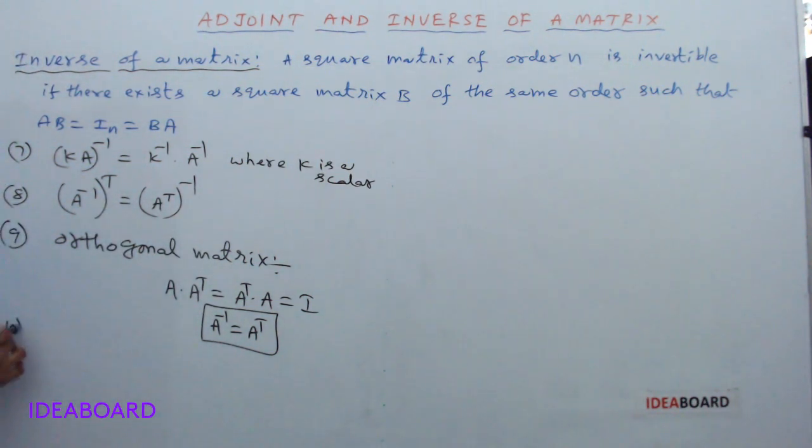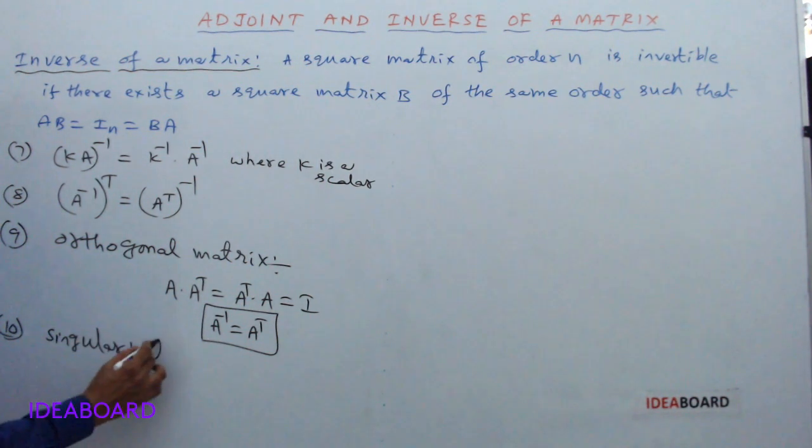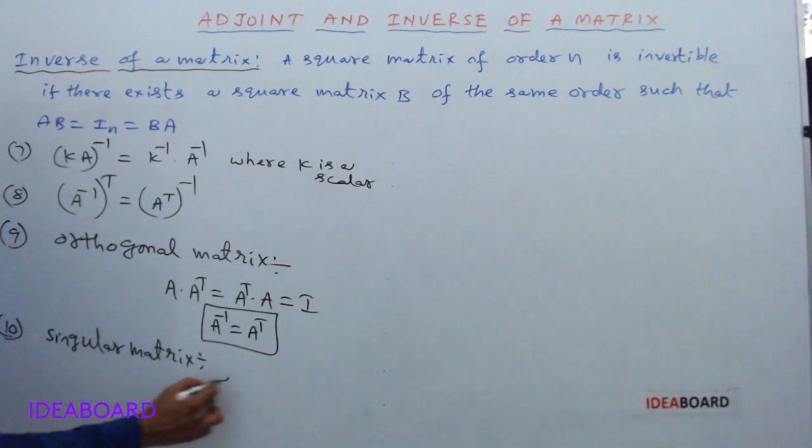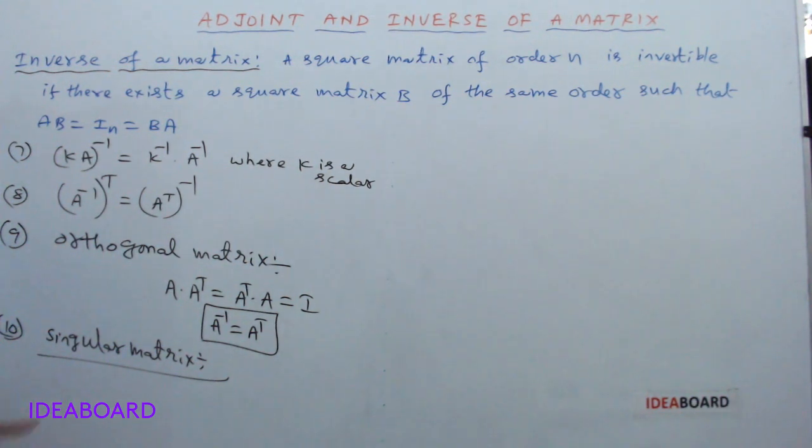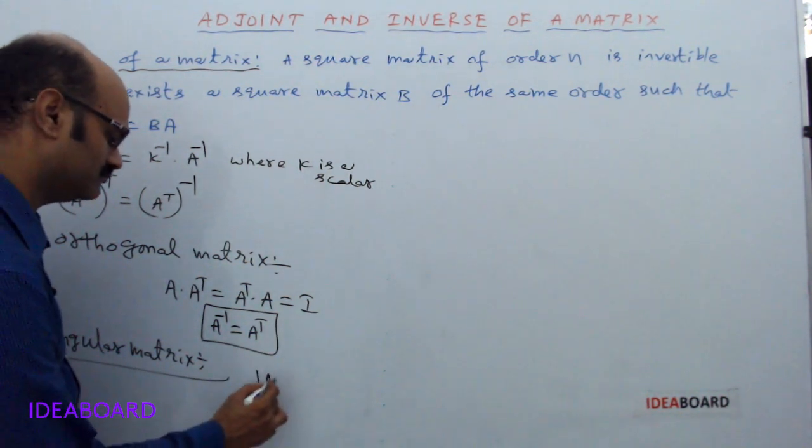Now, singular matrix. A square matrix A is said to be a singular matrix if det A equal to 0.